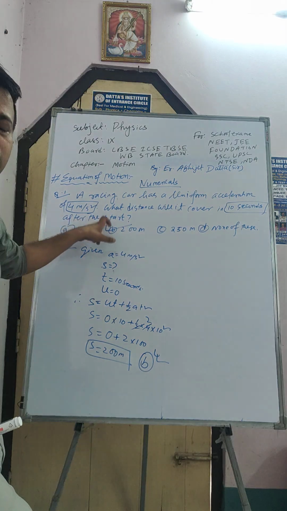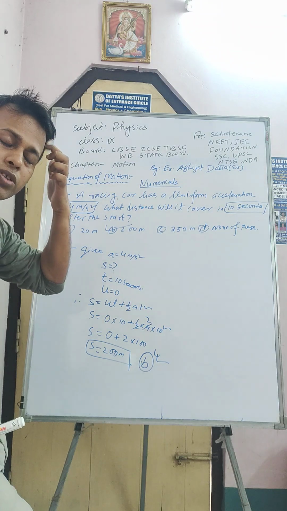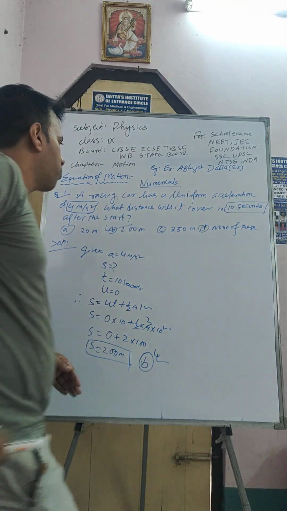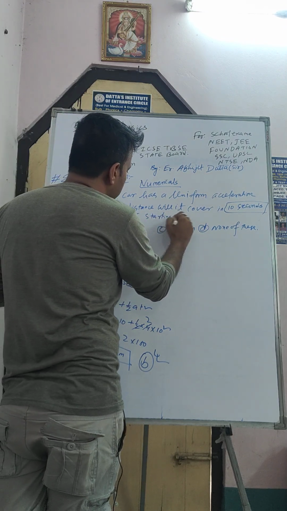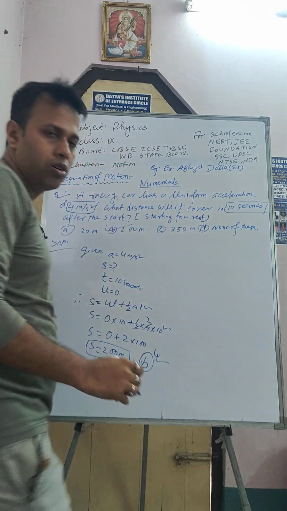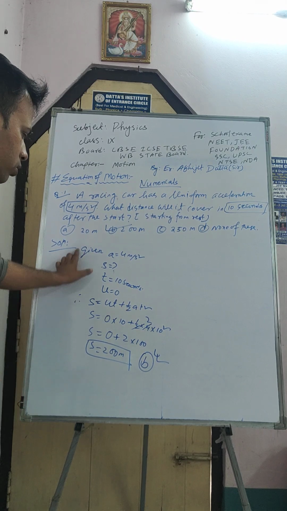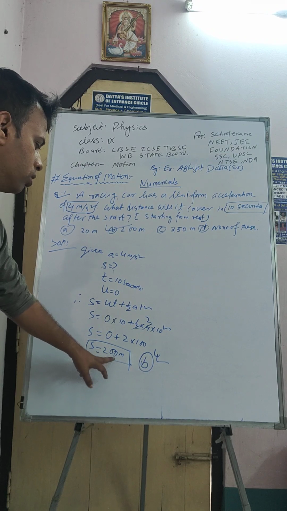After the start means initial velocity is 0, starting from rest. I put all the values below, and after putting them s came to 200 meter.